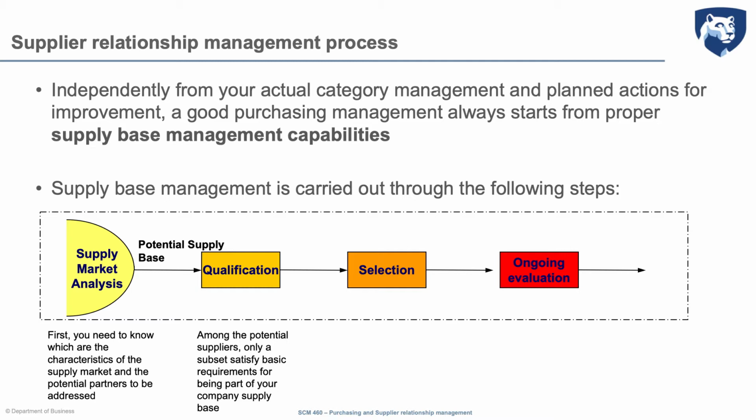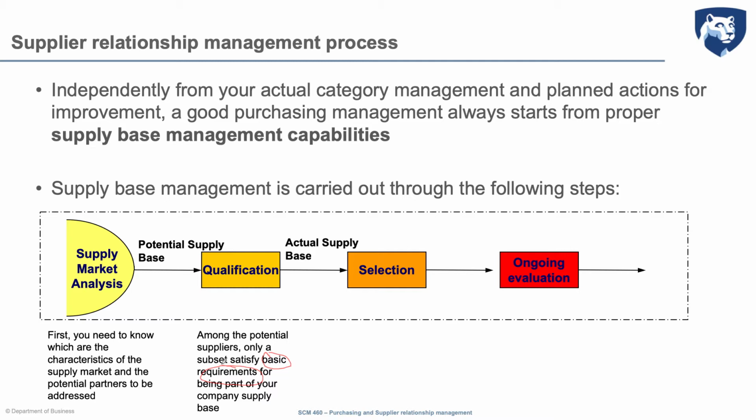So among the potential suppliers, only a subset really satisfies the basic requirements for being part of my company's supply base. So I have 1 million potentially interesting, but only a subset of them really qualify for being my supplier and satisfying my requirement. So I need to put in place a qualification process.